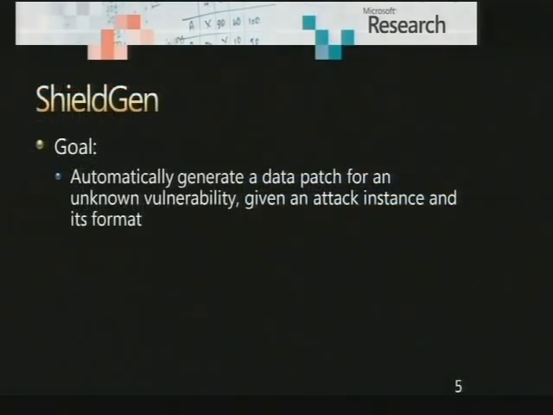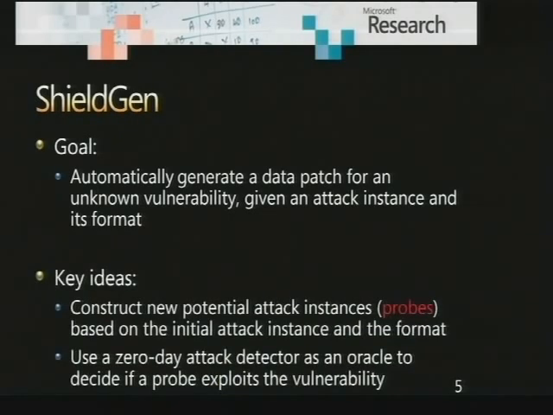To solve this problem, we developed a system called ShieldGen. The goal of ShieldGen is to automatically generate a data patch for an unknown vulnerability, given an attack instance and its format. The basic idea is the following. We construct new potential attack instances, which we call probes, based on the initial attack instance and the format.